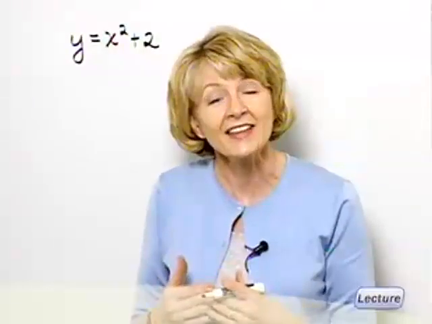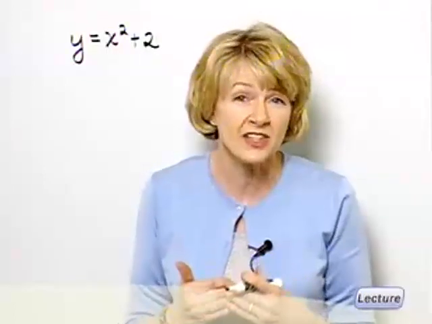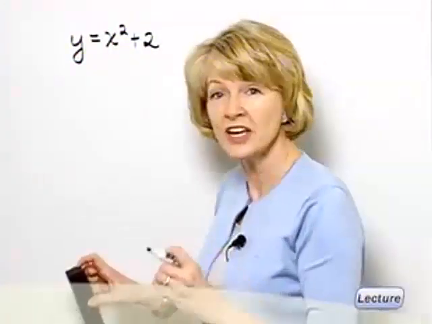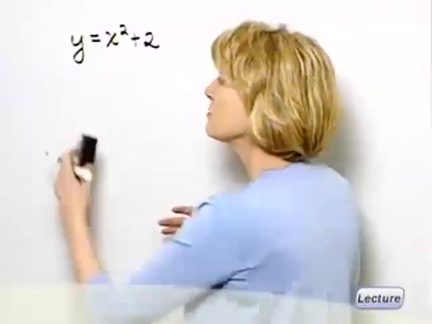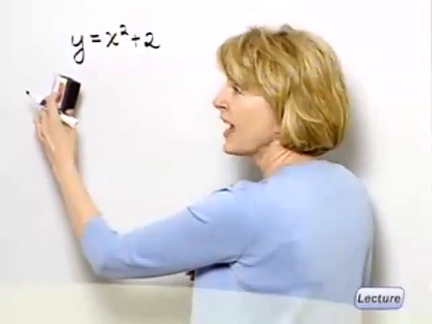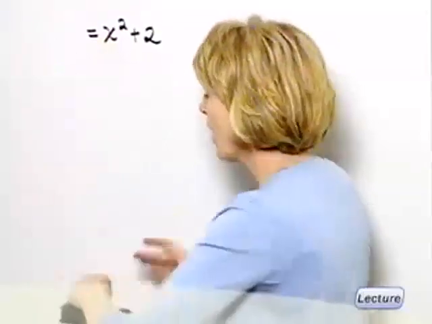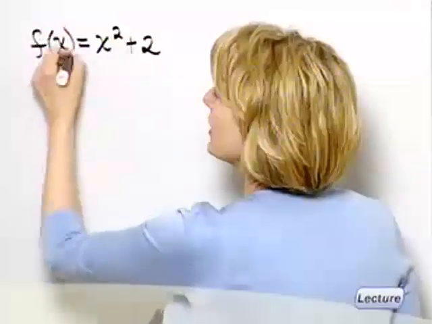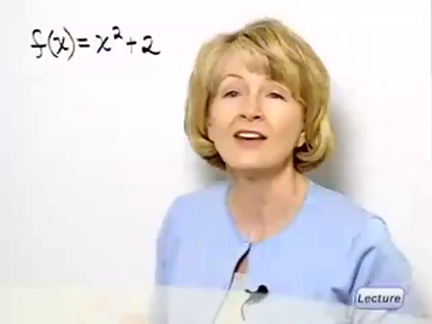If we'd like, then, we can use function notation to name this function. And we normally use letters such as f, g, and h, but we will use function notation now to name this function since we do indeed have one. Instead of y, then, we'll write f of x, function of x.